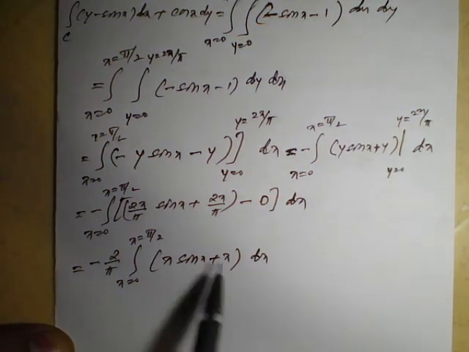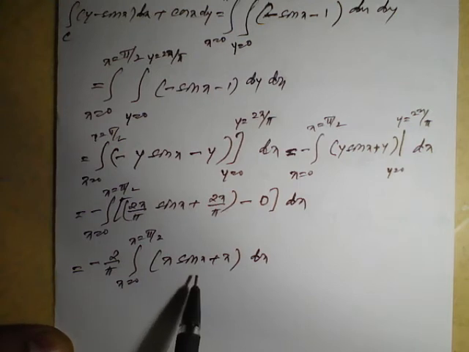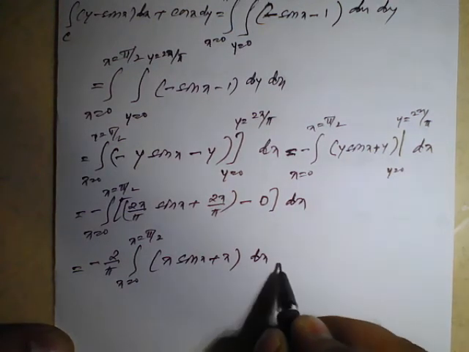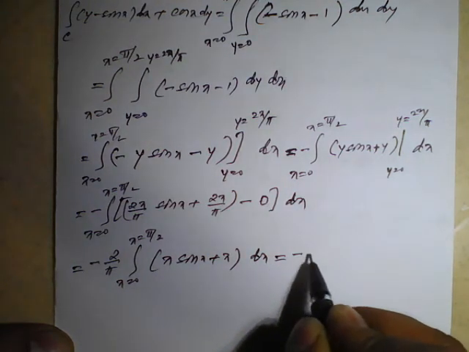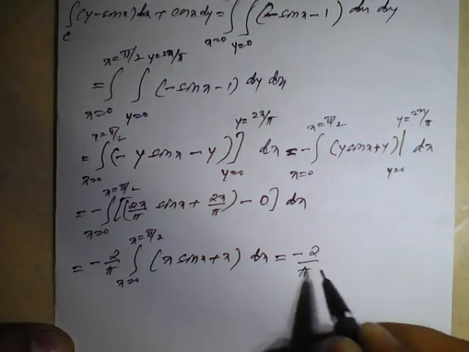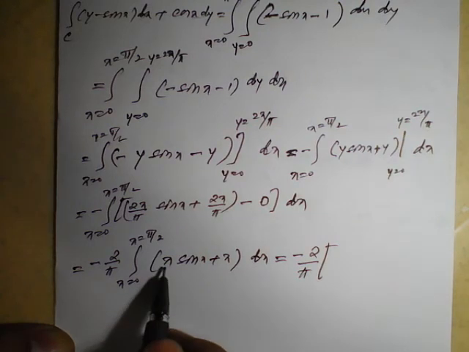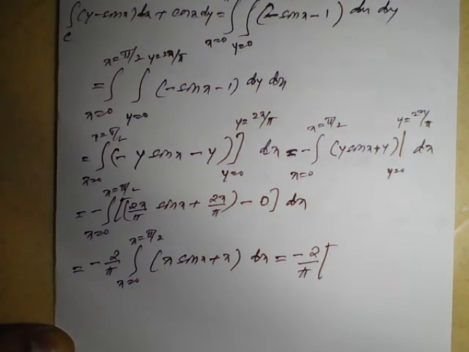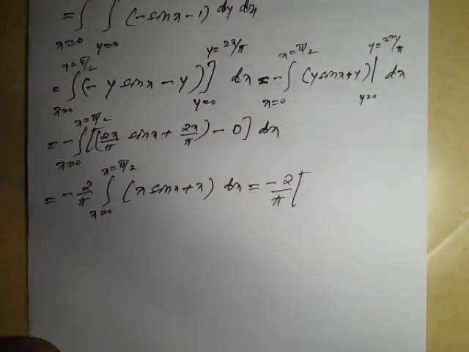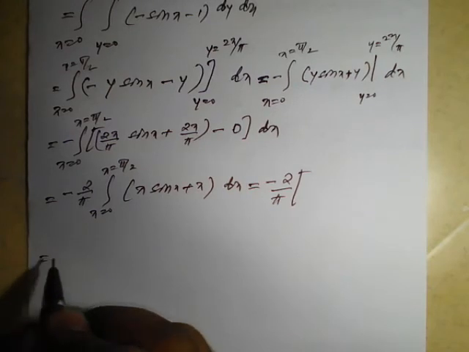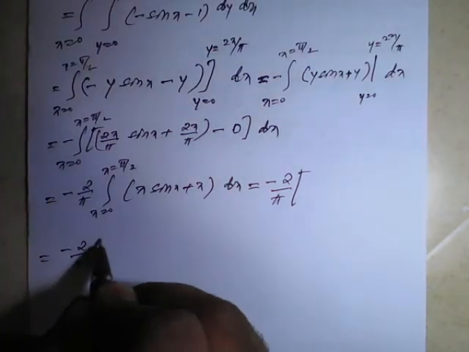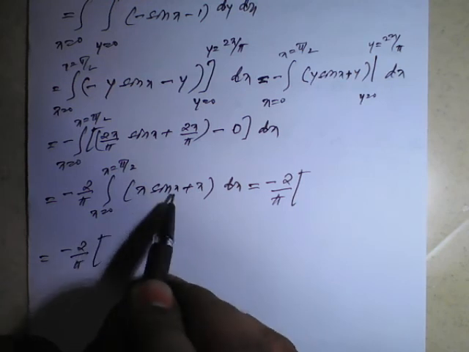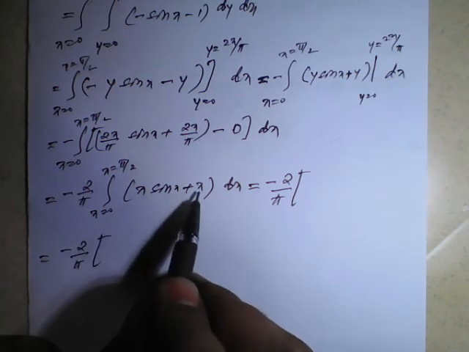Now we need to integrate this given function with respect to x. So which is nothing but, I'll do here minus 2 upon pi integration of x sin x plus x.